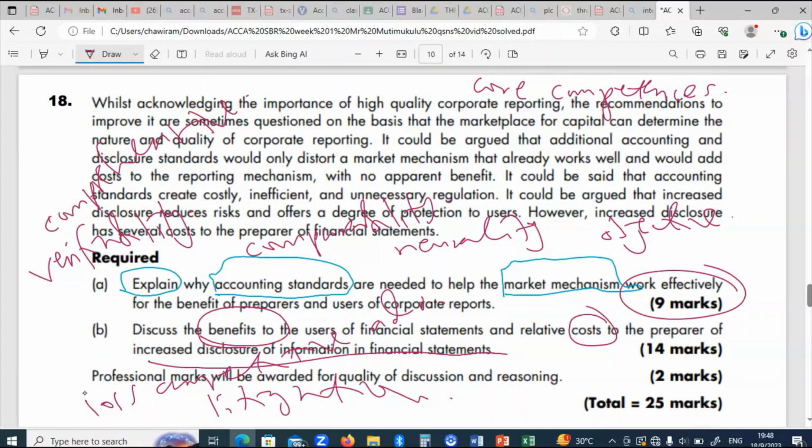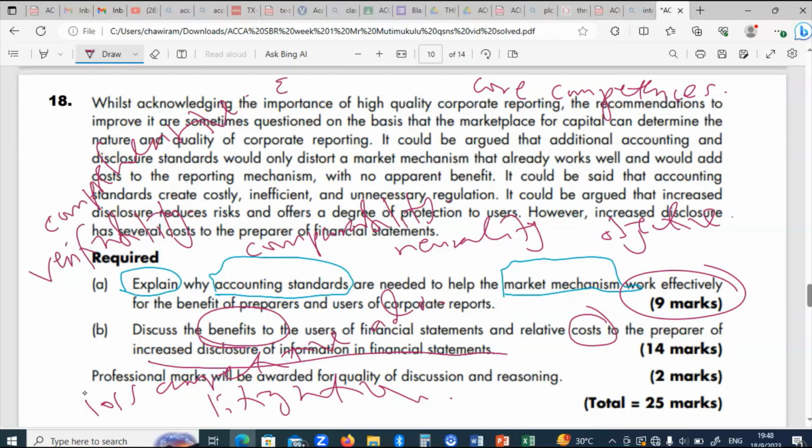So this was just, let me just say, a tip of the iceberg. All right, you need to read around this area. Also, you need to focus on current developments in accounting. All right, you need to read about new articles concerning current developments in terms of regulation, new accounting standards, or maybe exposure drafts.